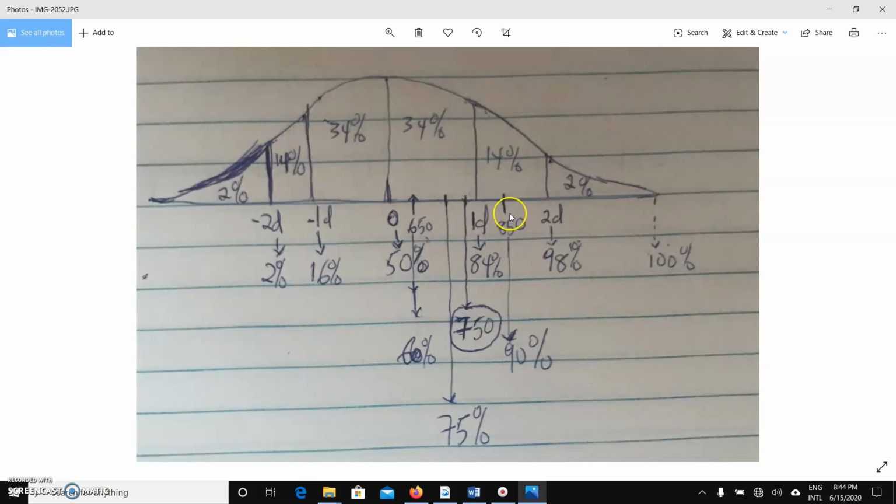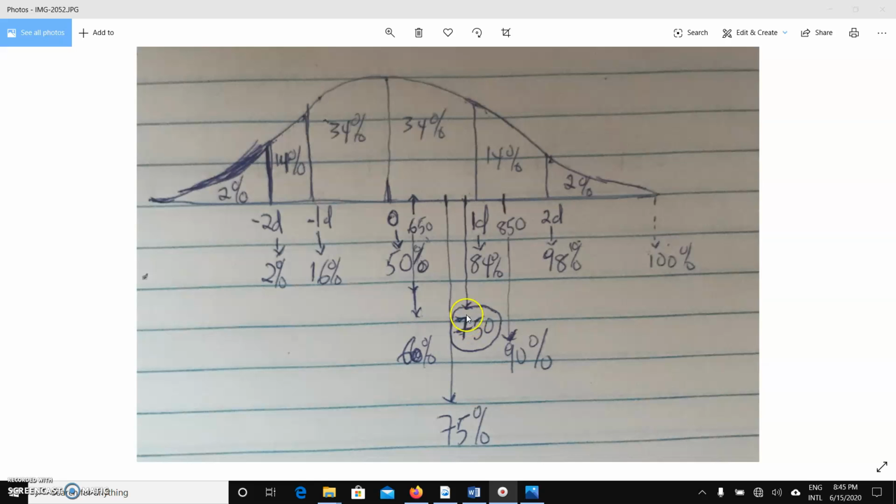So we are going to locate the middle of this 650 and 850. It should be around here. Because this is 850, this is 650. If you add 650 and 850 together and look for the average, you get 750. So 750 will be in the middle of 650 and 850.